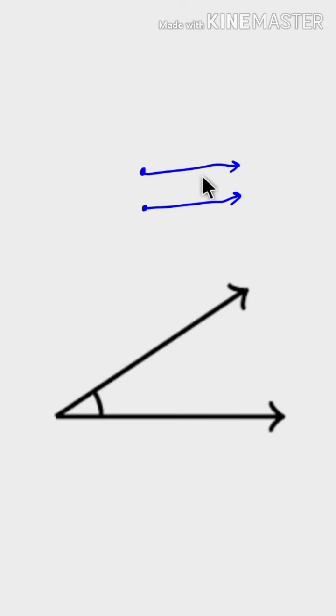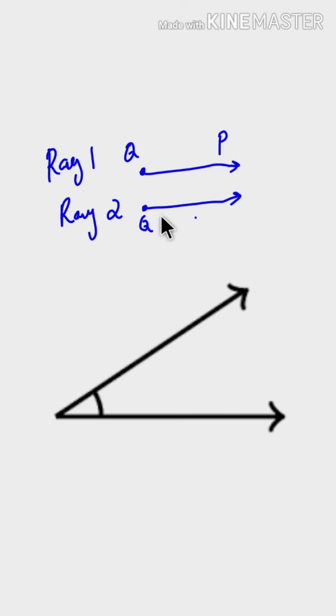Now let's take two rays. So this is ray 1. This is ray 2. Let's name them. This is QP and this one, ray 2, is QR. If we join these two rays to form an angle, this will be like this, where Q is a common point.